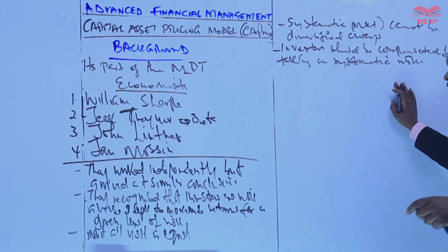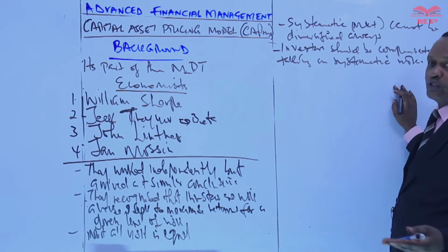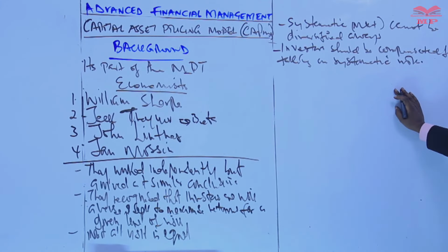That's why we always say the higher the risk, the higher the return. The lower the risk, the lower the return. The risk-free bond, the return is always lower, because the risk is zero. And therefore, candidates, we are building something. Are you following?